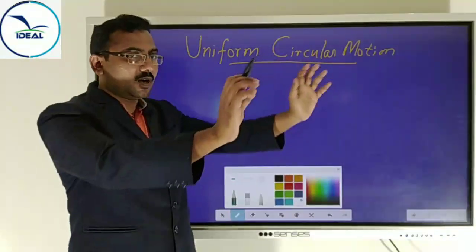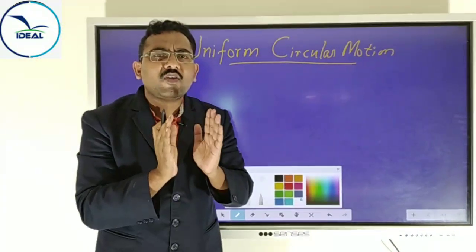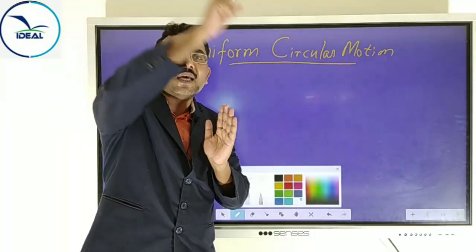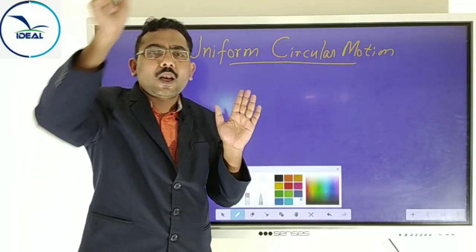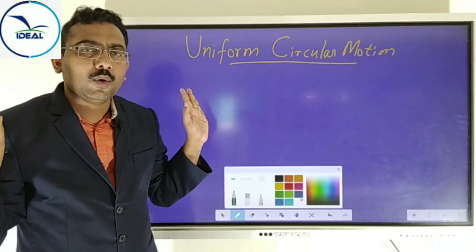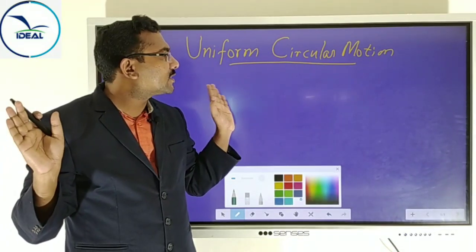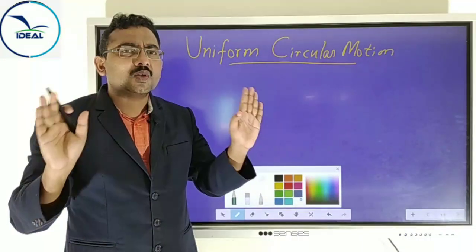Then, what is a circular motion? The motion of an object along the circumference of a circle is called a circular motion. You can see a lot of examples of circular motion. It is a universally common motion.